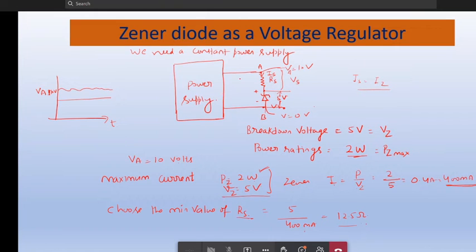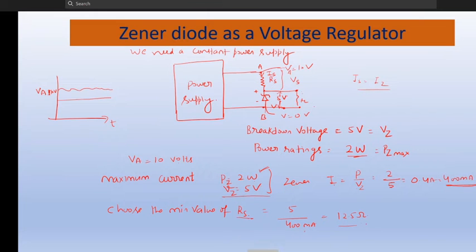To regulate it, because as I said there are variations in the supply voltage and we need a constant power supply, what we have done is put a series resistance Rs and then a Zener diode between these two points A and B. If we have to connect a load, we can connect RL in between, right? So that the constant voltage, the Zener breakdown voltage, is 5 volt, right?